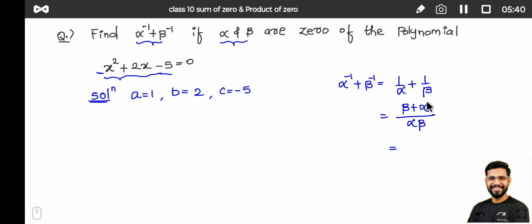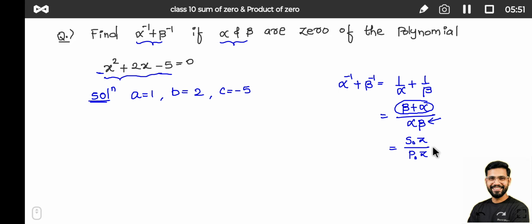If you look carefully, the numerator is nothing but beta plus alpha, which is the sum of zeros, upon the denominator alpha into beta, which is the product of zeros. Sum of zeros is minus b upon a, product of zeros is c upon a. So this a and a will get cancelled, so our formula will be minus b upon c.